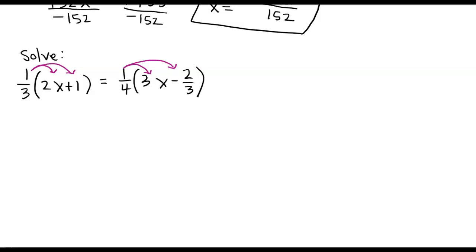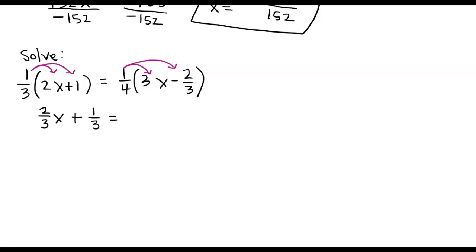So if I distribute those through, then what I end up with here, this is really over a 1, so I'm doing 1/3 times 2 over 1, so that's going to give me 2/3 x, and then I'm doing 1/3 times 1, so that's just 1/3.